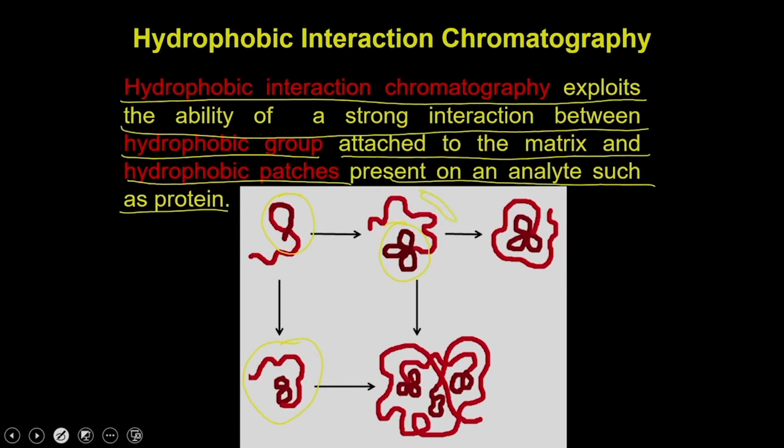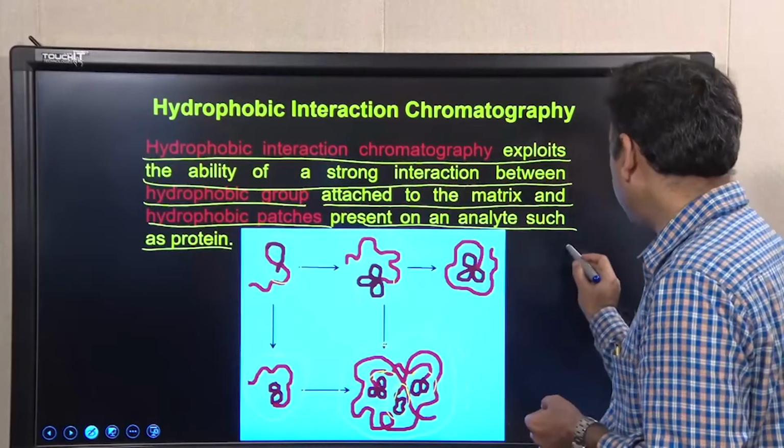To achieve that, the protein places all the hydrophobic groups within its core and keeps all the hydrophilic amino acids on the outside, because the outside is the aqueous environment. So it maintains a hydrophobic environment in the center.